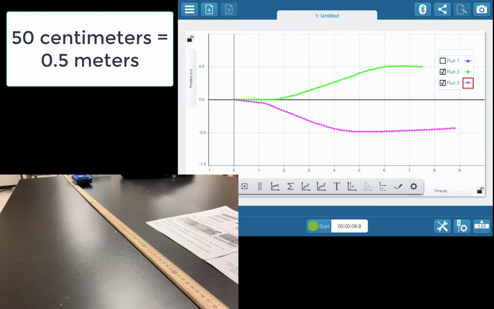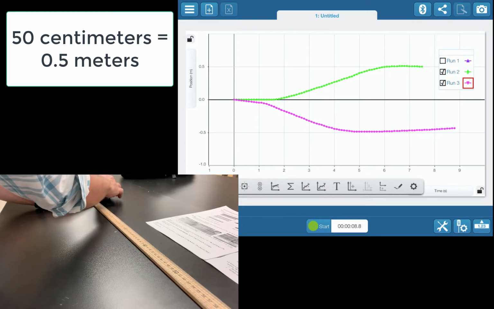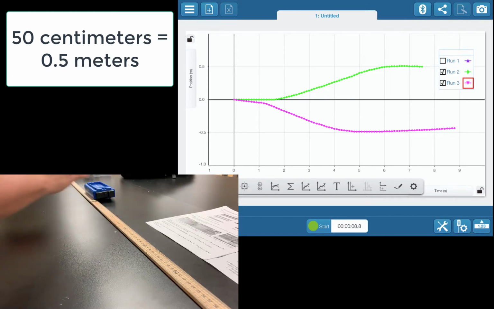All right. So trial 4 asked us to move the cart forward quickly. So let me reset the cart at our starting point of 0. And this time I'm going to try to move the cart really quickly to our 0.5 meter or 50 centimeter mark.